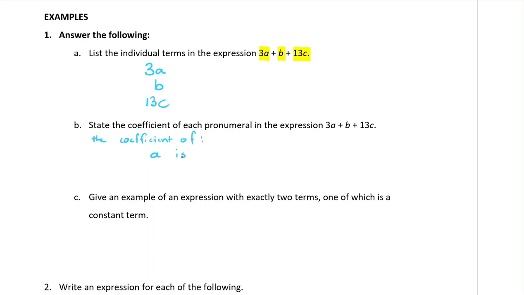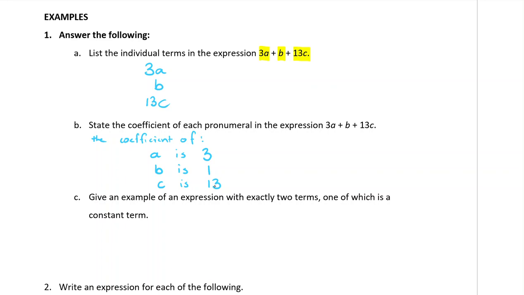So the number in front of the a is the 3. So the coefficient of a is 3. The coefficient of the b: what's the number in front of the b? There's nothing actually written there, which means it is a 1. Good. And finally, the coefficient of the c is 13. Very good.